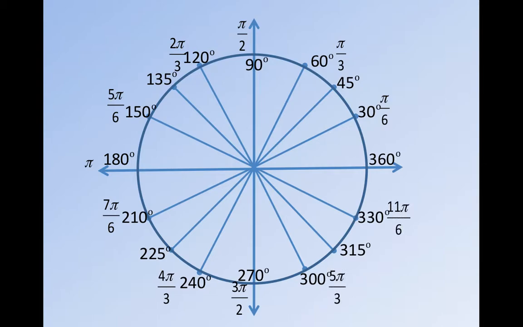And 330 is 11 pi over 6. I'm sorry, I forgot the 2 pi. 360 degrees is 2 pi.